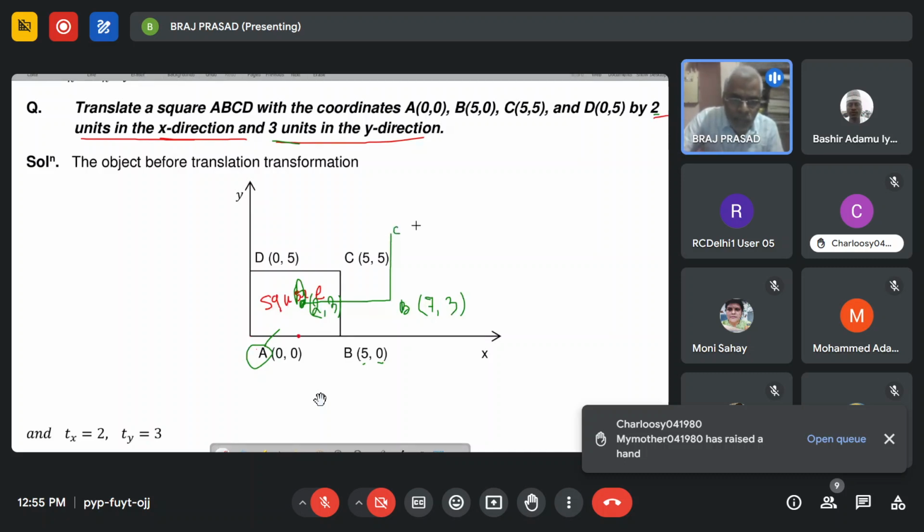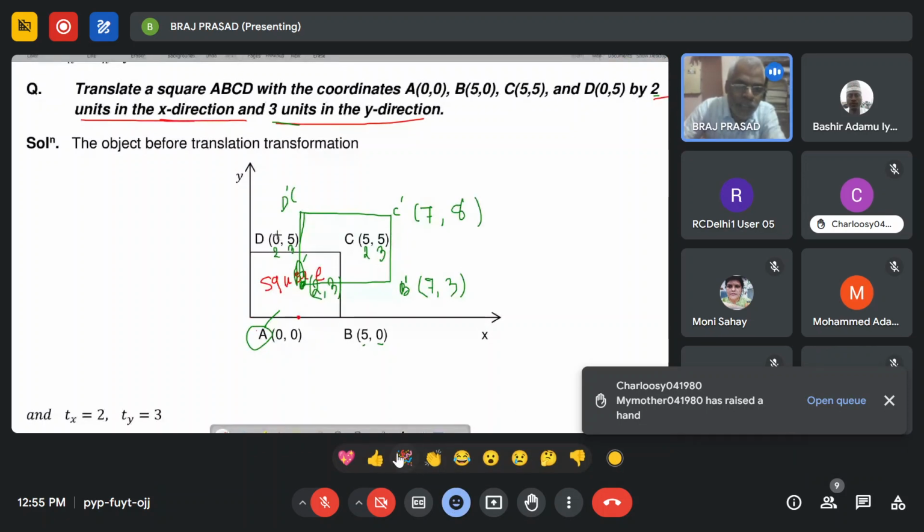So this is our A dash, this is B dash, this is C dash, and we add 2 in x direction and 3 in y direction, so it becomes 7 comma 8. And what will be the coordinate of this D? The new coordinate of this D, that is D dash, is obtained by adding 2 in x and 3 in y, so 0 plus 2 is 2 and 5 plus 3 is 8.